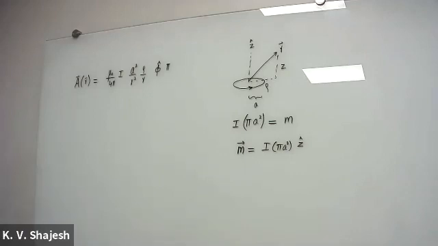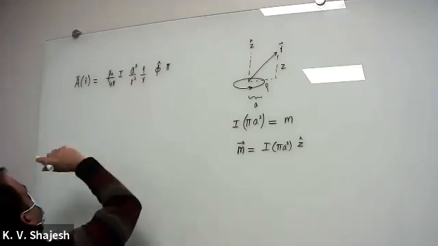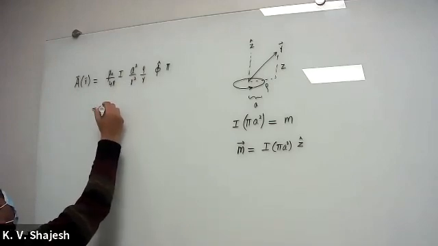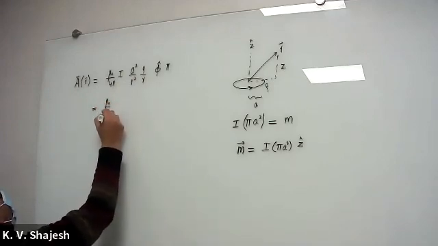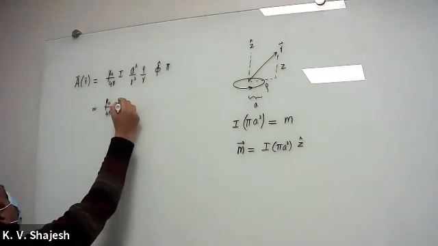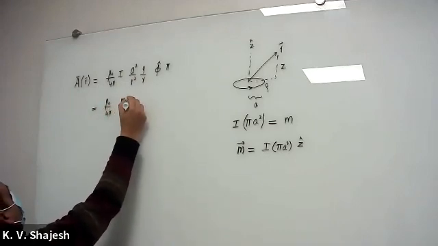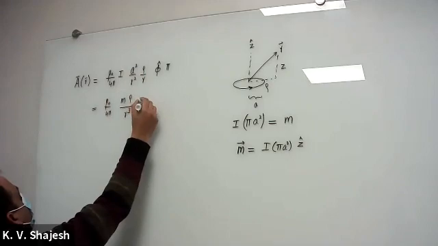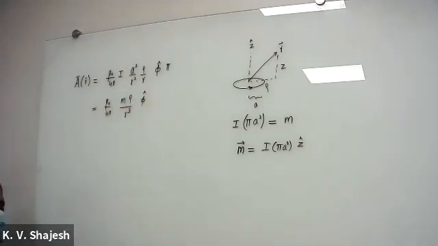So it seems like there is this m sitting in here, right? So let me put that in. So this seems like it is mu naught over 4 pi times m times rho over r cubed, and there is a phi hat. Correct.